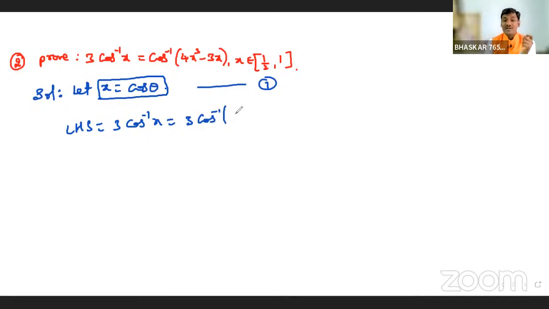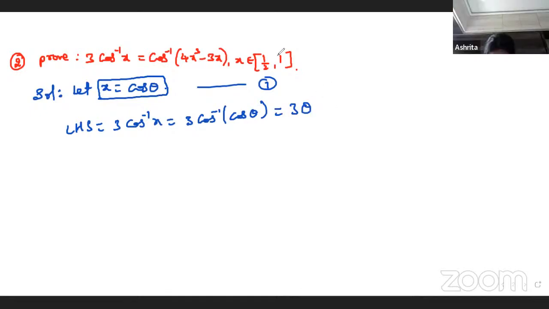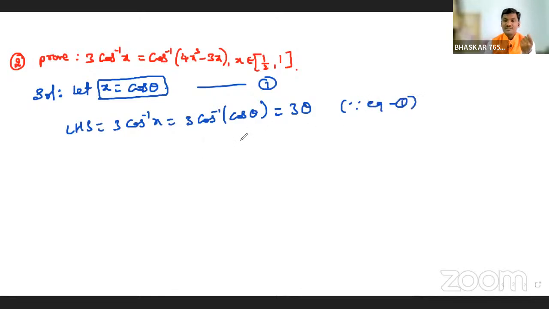What is x here? Cos theta. Here cos and cos inverse cancel, so we get 3 theta. So here we substituted x is equal to cos theta, using equation 1.